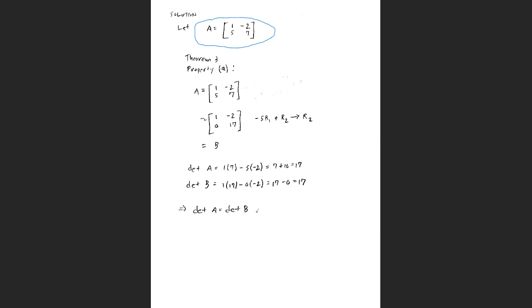So the very first property in section 3.2 says that if a multiple of one row of A is added to another row to produce a matrix B, then the determinant of B equals the determinant of A. Okay, well, let's test that rule out. What I'm going to do to the matrix A is take -5 times the first row and add that to the second row and replace the second row by that result.